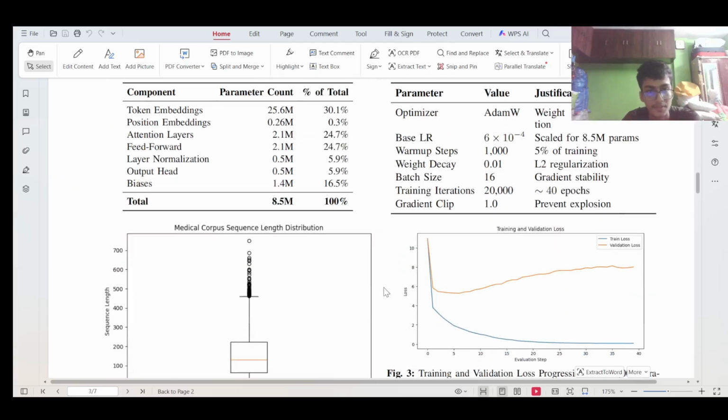Then the multi-head attention, again token embedding, position embedding, and the position embedding parameter count is very low. Now, can anyone tell me why the position embedding parameter count is low? What you should understand is that token embedding is calculated for the entire vocabulary, right? But position embedding is not for the entire vocabulary, because you only have to calculate the position in a particular sequence. So it will be just the embedding dimension times the number of elements of the context vector.